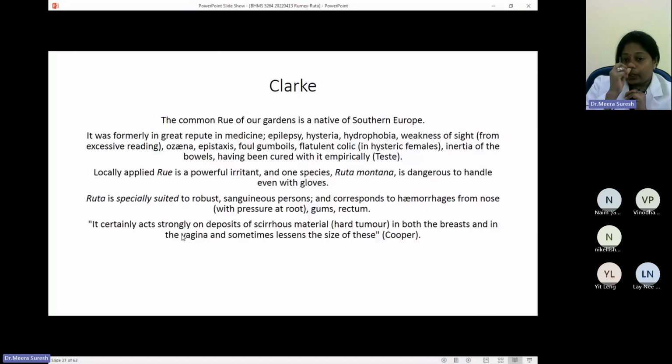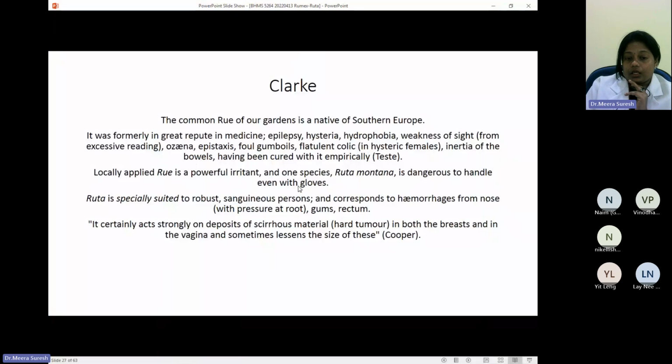So in Clarke they are always saying what it was used for in old school. In old school medicine, this Ruta was used for epilepsy, hysteria, hydrophobia, weakness of sight, ozena, epistaxis, gum boil, flatulent colic, inertia of the bowels. But when we prove it, we can see most of the symptoms coming from the ocular weakness.